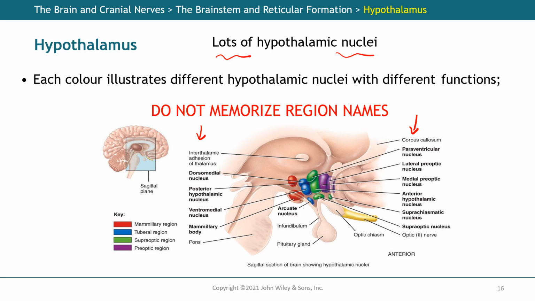Please remember the one of regulating homeostasis, but all these nuclei will be involved in all these functions. So if you study neuroanatomy later, or you specialize in neuroscience or something like that, you will learn about this. But right now, there's no need to memorize all these names. If there is a question, remind me and I will remove them from the test.